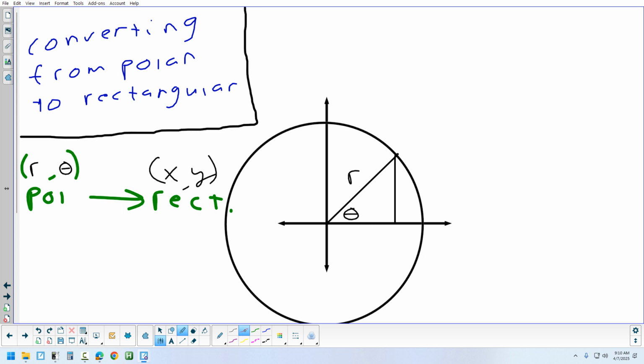Now, this bottom side is the horizontal distance to get from this point to that point. That's how far you travel horizontally. And what do we call the horizontal distance you travel? The X. That's called the X. Now, from here, you have to travel up that much to get to that point.